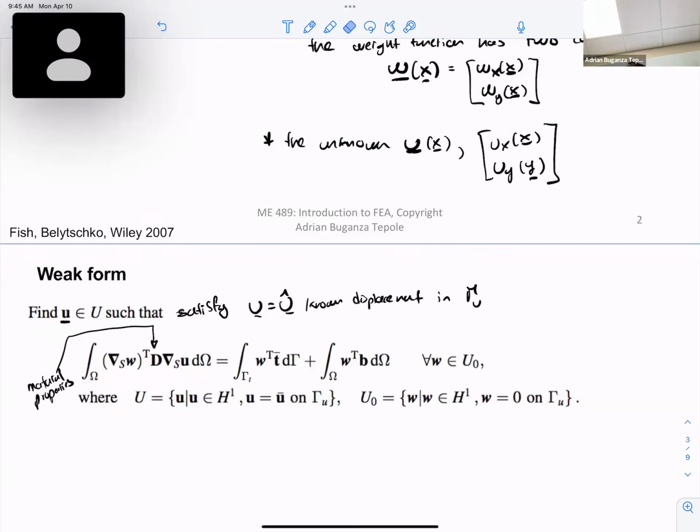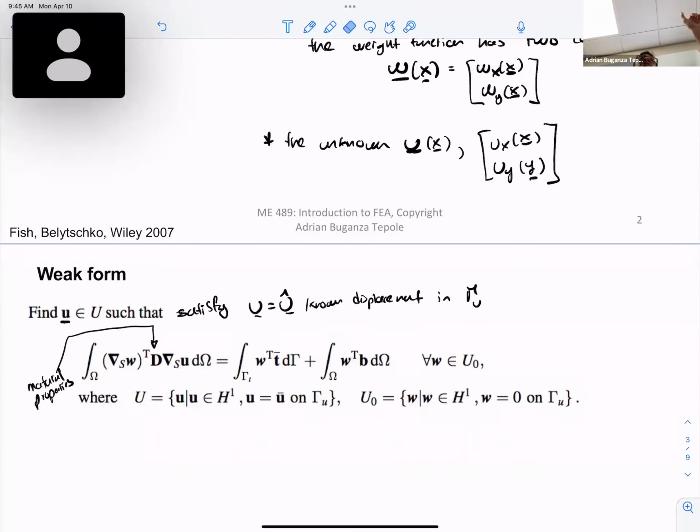So the structure is very similar to the heat transfer problem. Again, you can see, there's a few differences because it's a vector problem. It's just a bigger set of equations, but the structure is the same. So gradient of the shape functions times the matrix D, which has some material properties, times the gradient of the displacements.